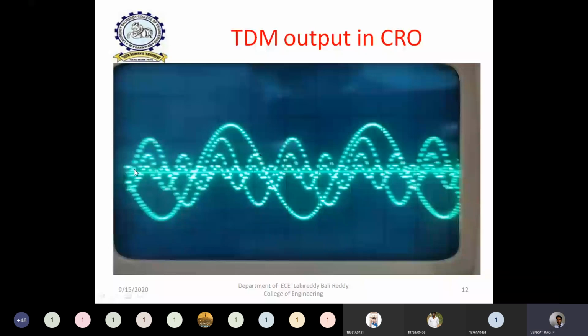After that sample, a sample of another signal will be coming. That means at every instance of time, different samples of different signals are transmitted as a multiplexed signal.